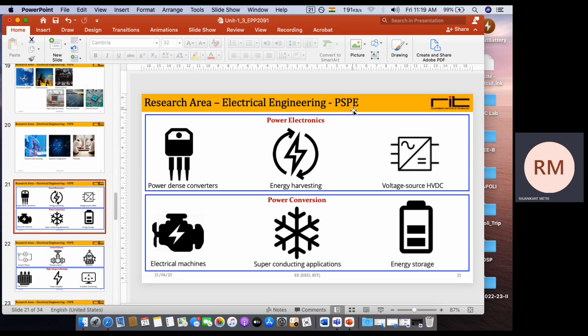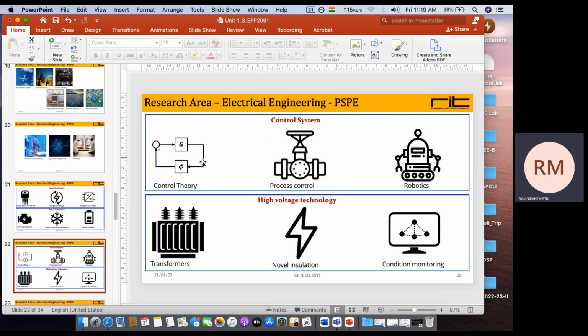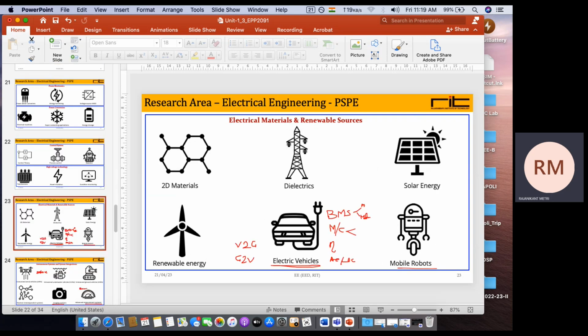Within the subfields, one can take up problems from power dense converters, energy harvesting, AC/DC conversion. In power conversion, battery management systems, supercapacitors, superconducting applications, machines. Then in control systems, one can go for research in control theory, process control, automation, robotics, SCADA systems, high voltage, and in EV also.